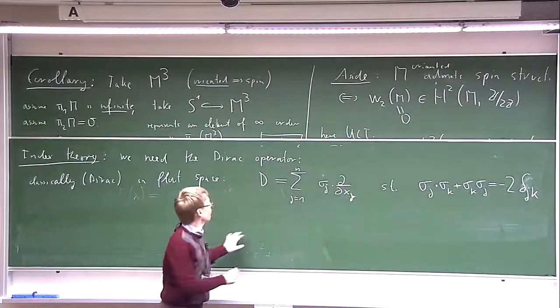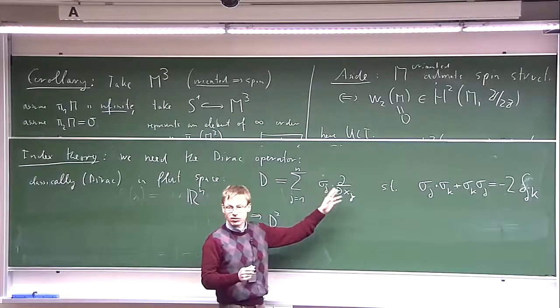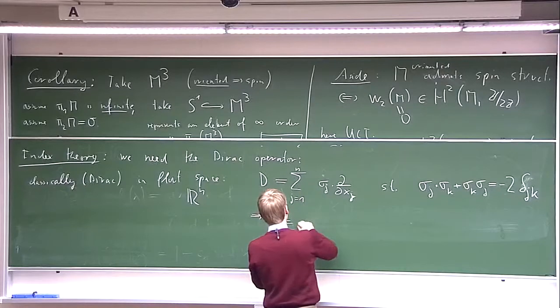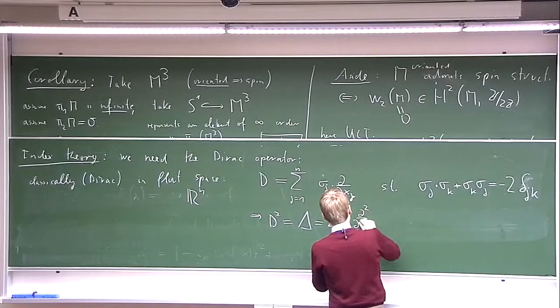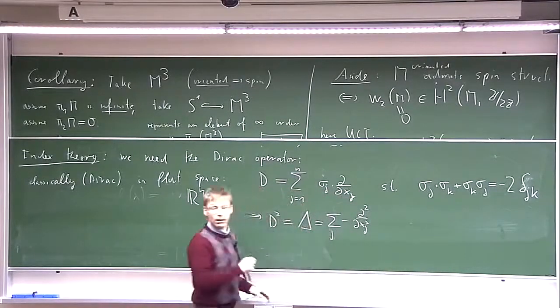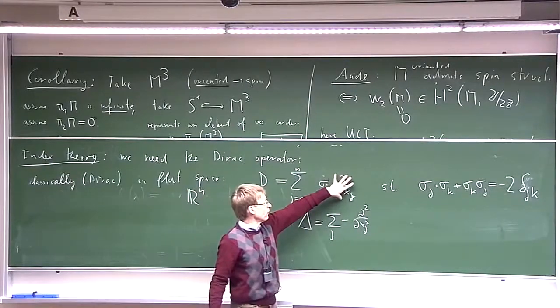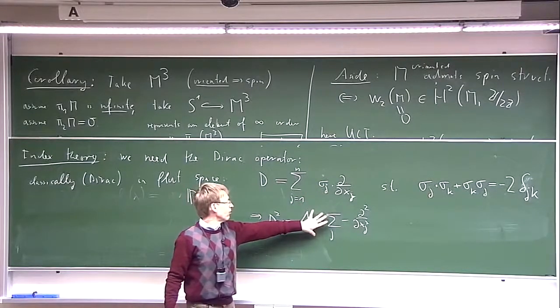Thanks. From this, it's very easy to see that if you square this operator, these are constant matrices, so you can compute with the differentiation, you get just the positive definite Laplacian, so minus the sum of the squares of the derivatives in different directions. Okay, that was the game, to find a differential operator, not a two differential operator, that is a square root of the Laplacian.